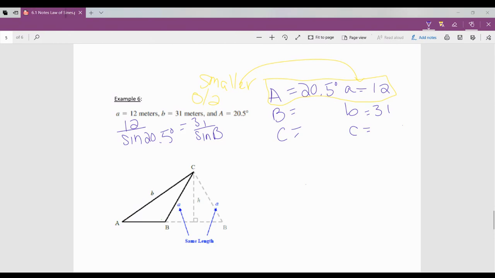So we do 31 sine of 20.5 divided by 12. So we get sine of B equals 0.905.